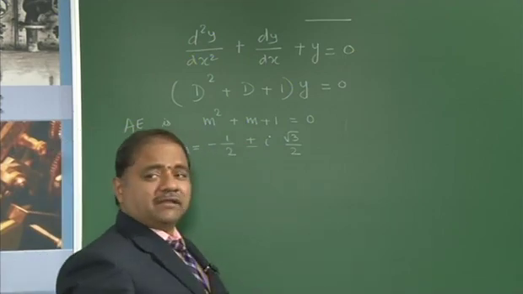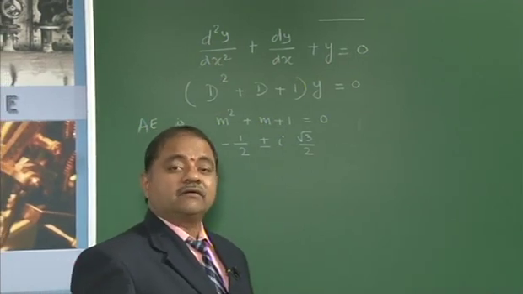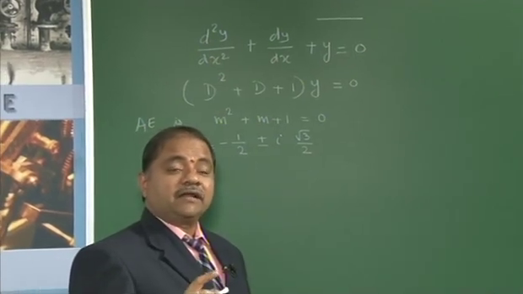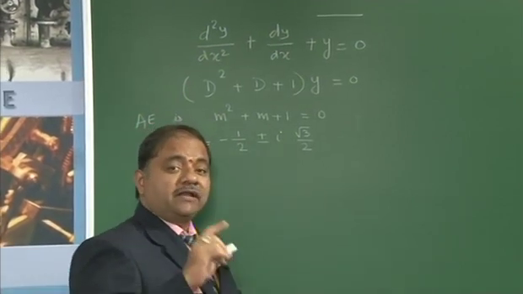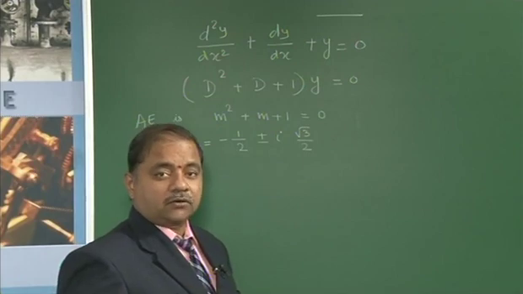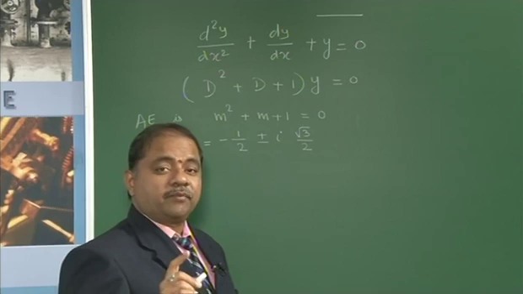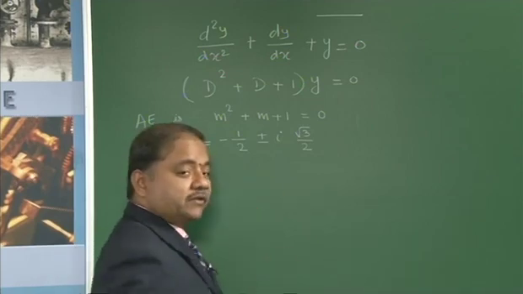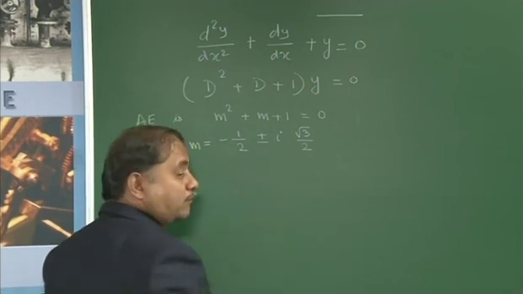You can use any method, whether factorization or the calculator. In the calculator it will show minus 1 by 2 plus i root 3 by 2 as one root, then minus 1 by 2 minus i root 3 by 2 as another root. As you know, complex roots occur in conjugate pairs, so we write in that form. This is our m1 value plus or minus i m2 value.